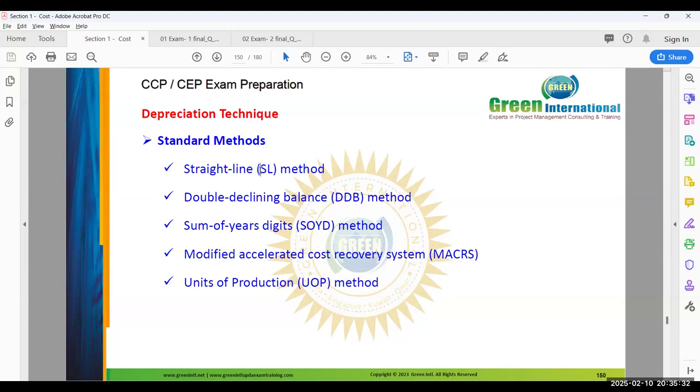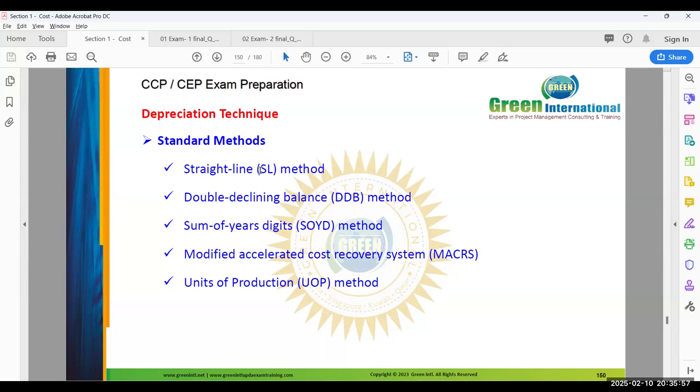What is the straight line method? If you purchase an equipment, its overall life cycle is 10 years. There will be a salvage value for any equipment, when you sell it as scrap after complete usage. For that, you will get some value.